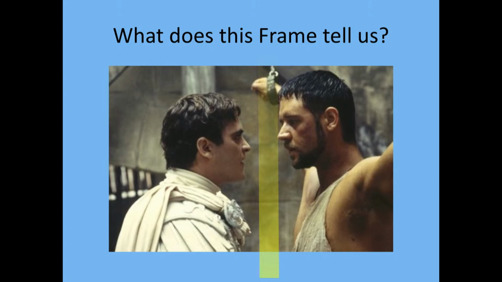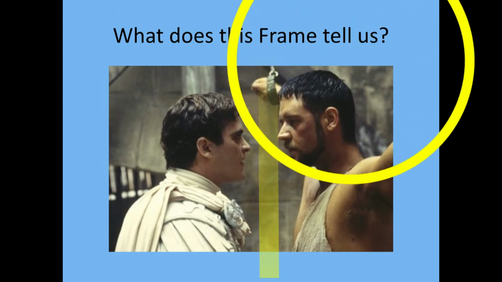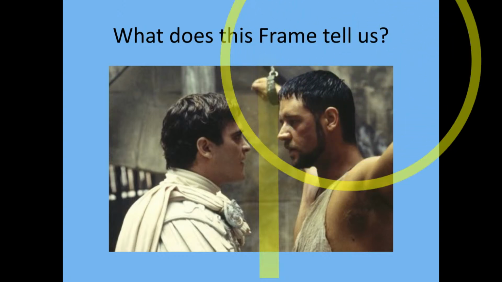The person slightly above, right here, is him. He's slightly taller than him. So we know that even though this guy is chained up, you can kind of see it over here, even though he's chained up, he is still a dominant person. Now that's kind of neat, right?